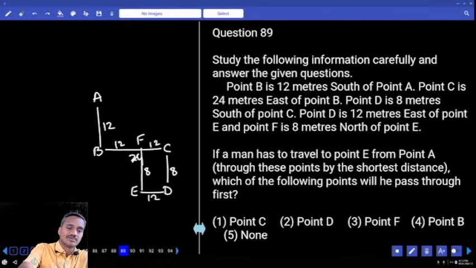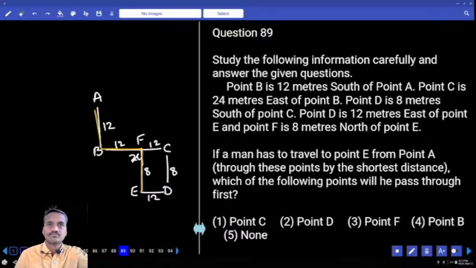Now he has to move in the shortest distance, that is E to F, F to B, and B to A. Now B is 12 meters to the south of A, and C is 24 meters to the east of B. D is 8 meters to the south of C, and D is 12 meters to the east of E, and F is 8 meters to the north of E. Is the diagram right?